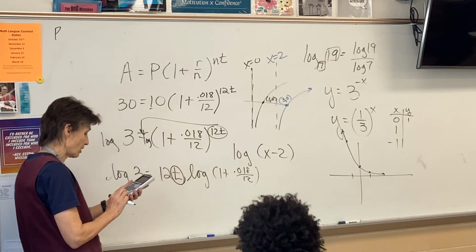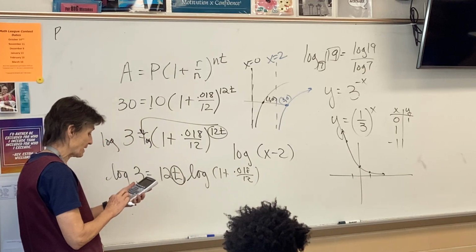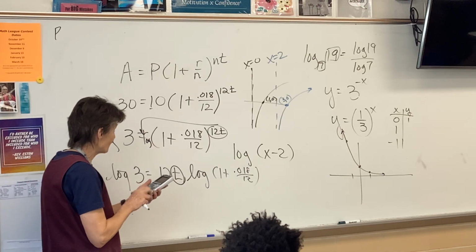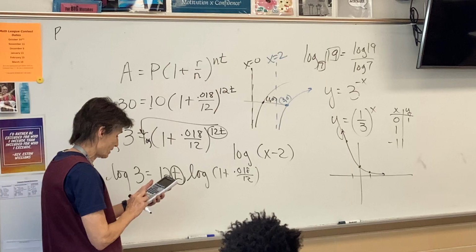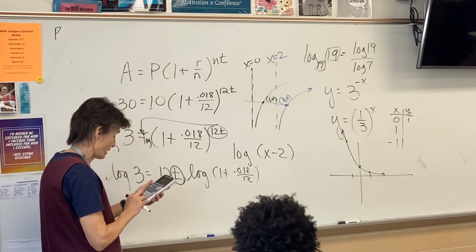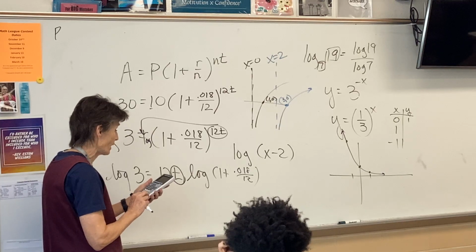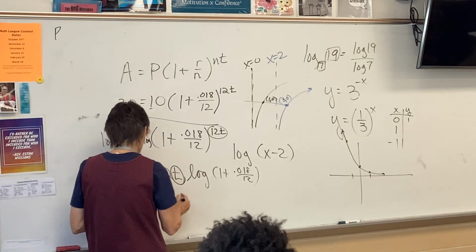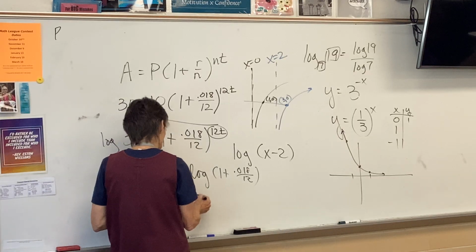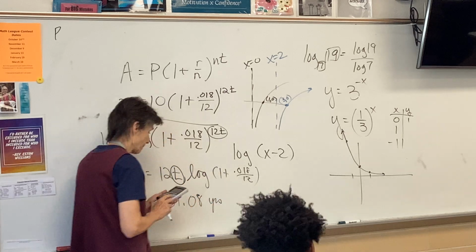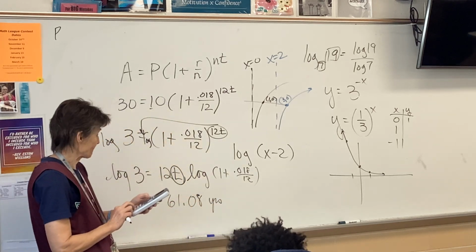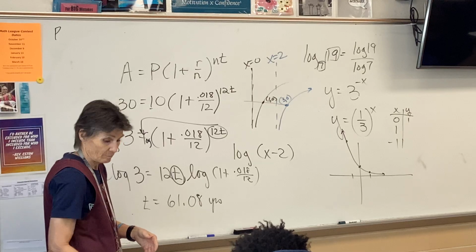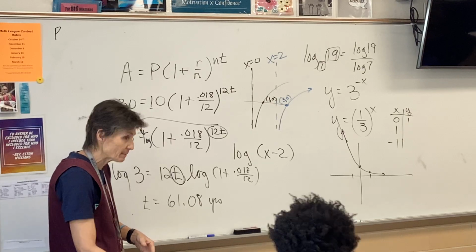I'm going to take the log of 3, divide it by 12, and then divide it by the log of 1 plus 0.018 divided by 12. And with any luck at all, you got 61.08 years. Anybody else get that when you type that in?